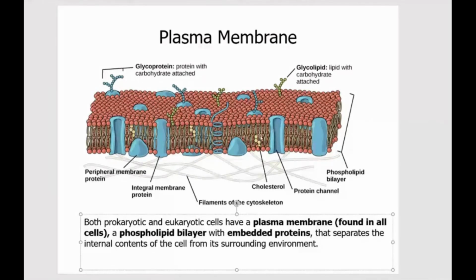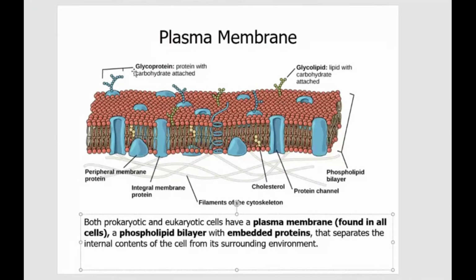Now, in the cell membrane backbone, you're going to have proteins embedded in or spanning through the phospholipid bilayer. All these blue structures represent proteins embedded in the cell membrane. Some of the proteins may have other things attached to them. For example, over here, glycolipid, which is a lipid with a carbohydrate attached to it.